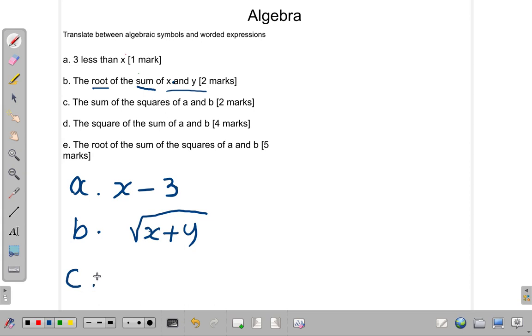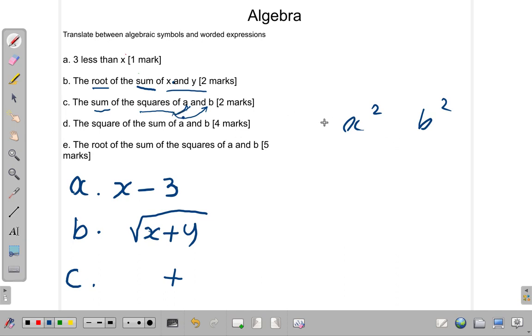Let's look at part C. The sum of the squares of A and B. The sum means you're going to add something of the squares of A and B. Let's say the square of A. We have the square of A. I also have the square of B. So the square of A is A squared, the square of B is B squared. What about them?